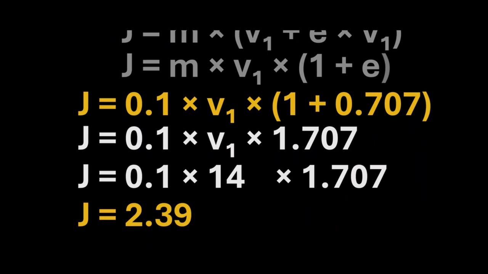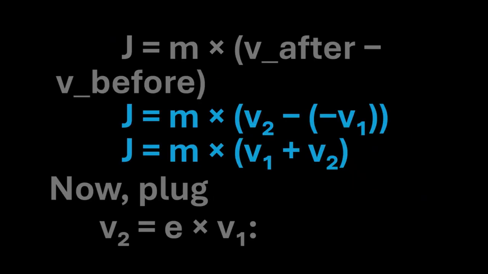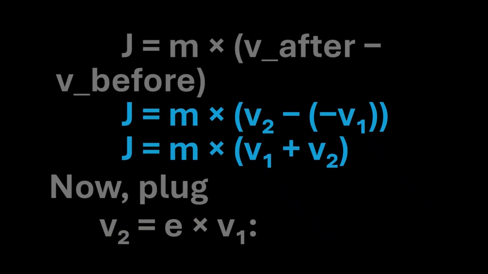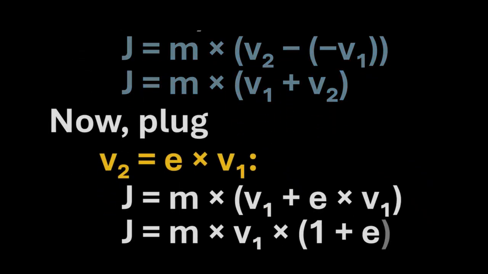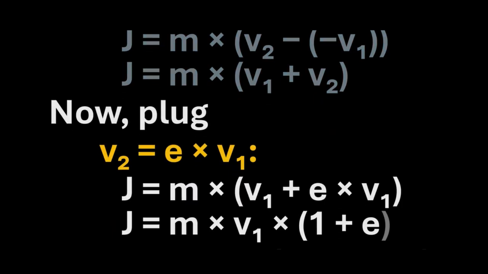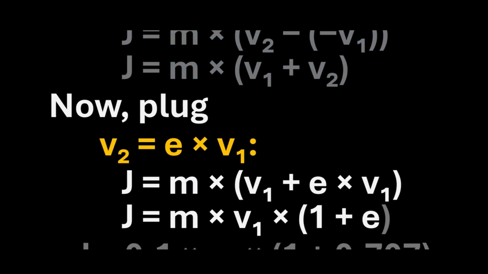Oh, is there a mistake here that I've done? Yeah. So instead of this V2, we can plug in E times V1. And then, okay, that makes sense.